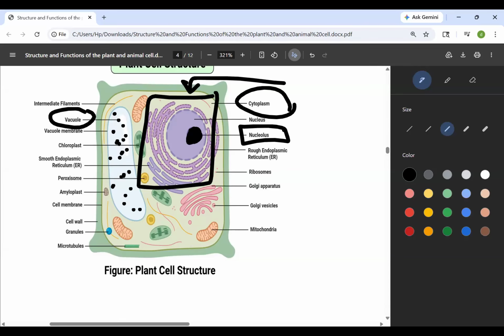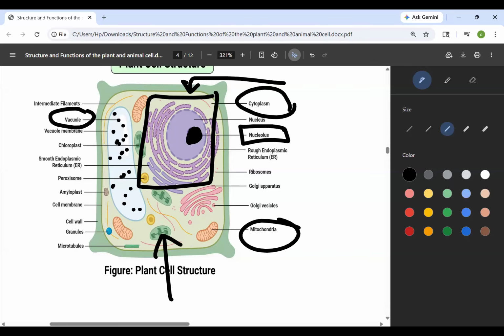Then in the textbook you can observe an orange part here. These are called mitochondria. In the school book also you can see mitochondria. And there are green parts here, the same shape as the mitochondria but green in color.